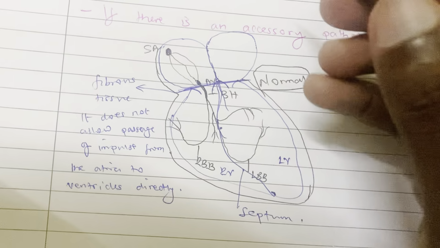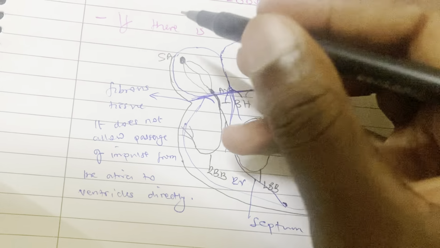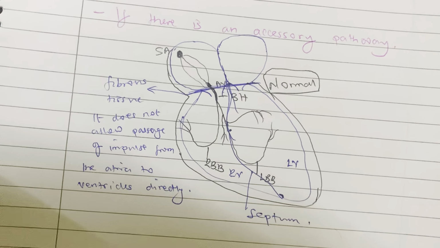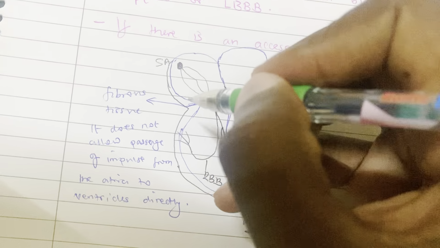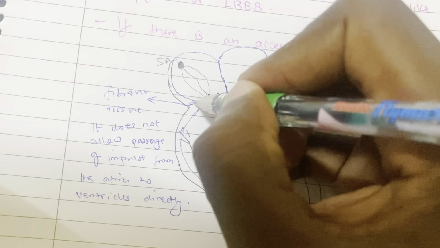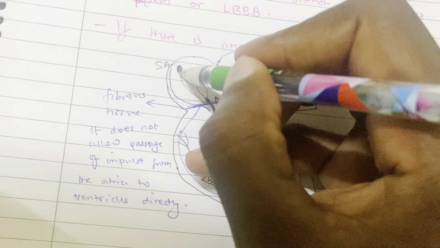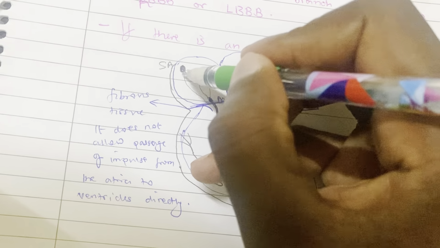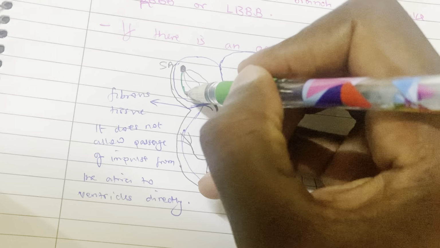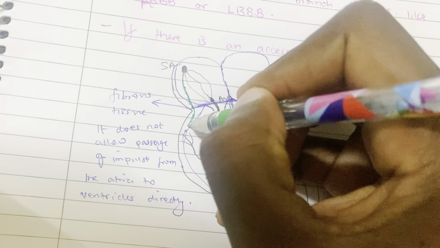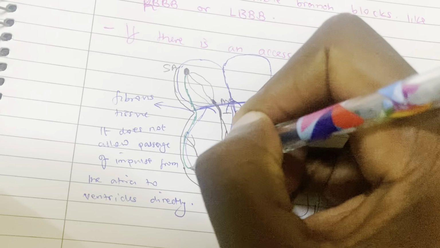But instead of impulses passing here, there can be a pathway, maybe a bundle of myocardium that bypasses this line, and it can just come like that, just insert somewhere here.